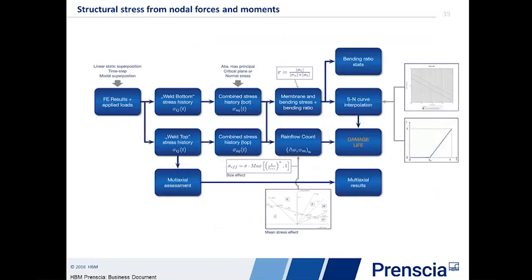So this gives us a mechanism to get a damage measure that's pretty much mesh insensitive, and then we have built into DesignLife this process that takes that and calculates a fatigue for welds.